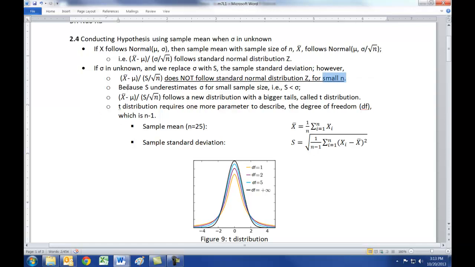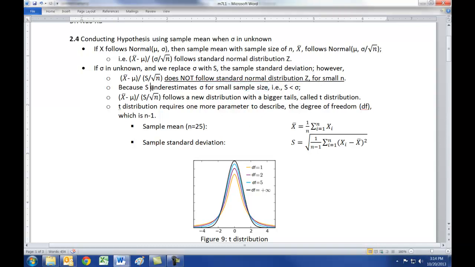And the reason that it does not follow the normal distribution any longer is because the sample standard deviation tends to underestimate the true standard deviation for the process, and is especially so for a smaller sample size, such as the sample size we used in last lecture, which is measuring 25 boxes of cereals.